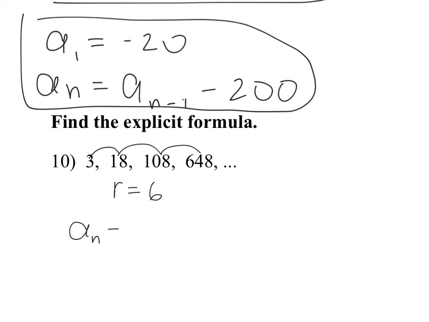So a sub n is equal to the first term, a sub 1, times the common ratio, r, to the power of n minus 1. So the explicit formula, a sub n is equal to the first term, 3, times the common ratio, 6, to the power of n minus 1.